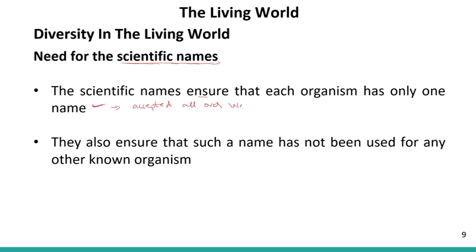For example, for mango the scientific name is Mangifera indica. If we say Mangifera indica in some other part of the world, they will understand that Mangifera indica is mango. They also ensure that such a name has not been used by any other known organism. So there should be only one scientific name for each organism, and this scientific name should not be used by another organism.